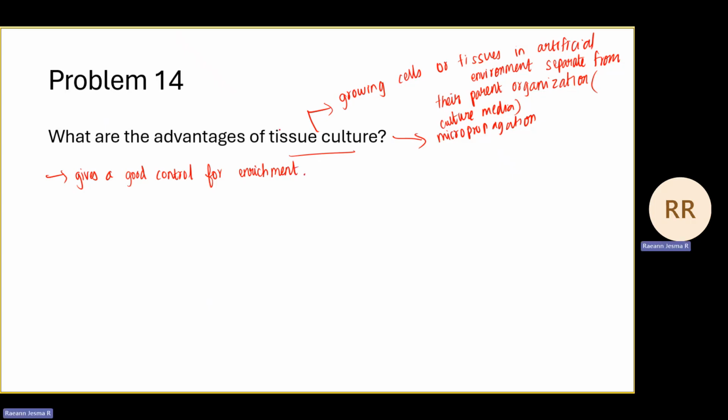So we can keep suitable culture media where we give enough nutrients for our particular tissue to grow. The second advantage is that you can do in vitro modeling of in vivo conditions. What does this mean?